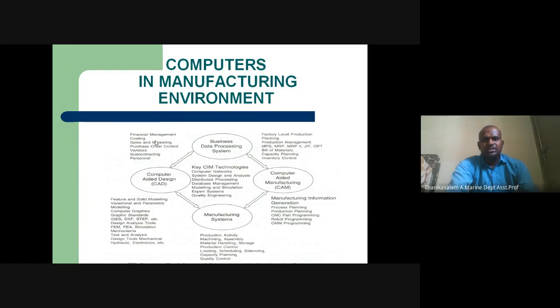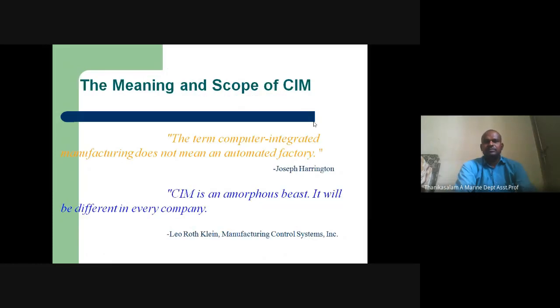Also financial management, costing, sales and marketing, purchase order control, vendor, subcontracting, personnel. So in many ways, we are using computers in the manufacturing environment.